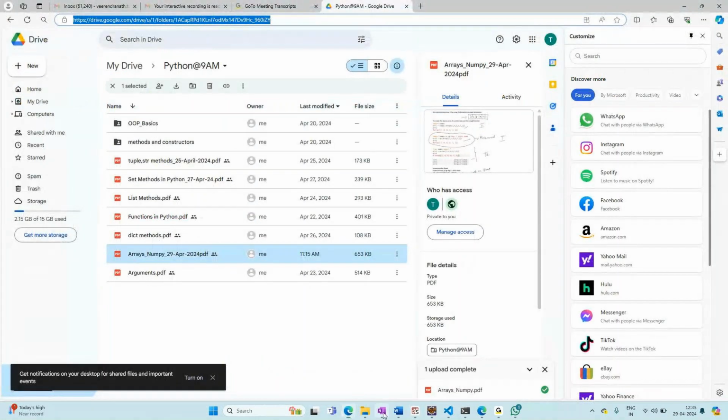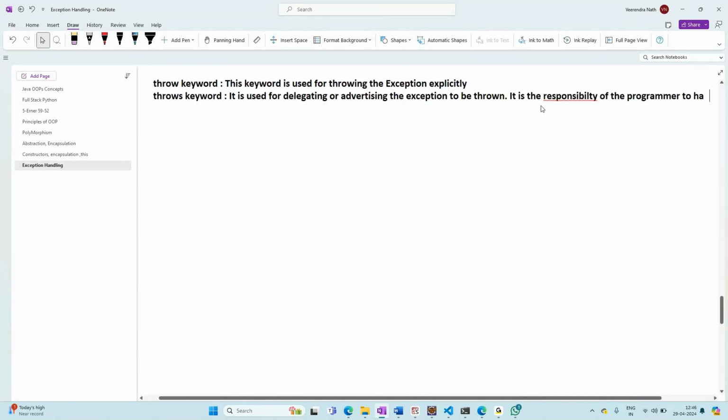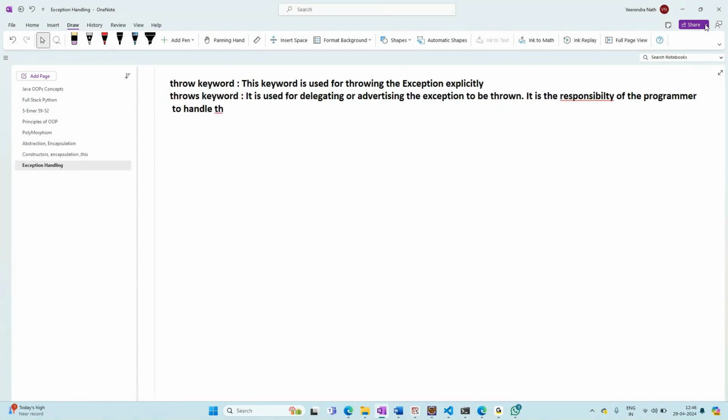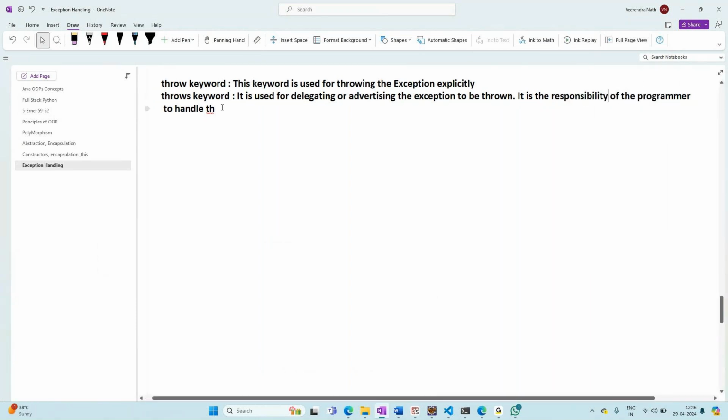The throws keyword is used for delegating or advertising the exception to be thrown. It is the responsibility of the programmer to handle this.